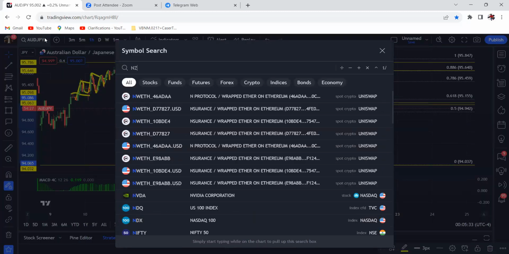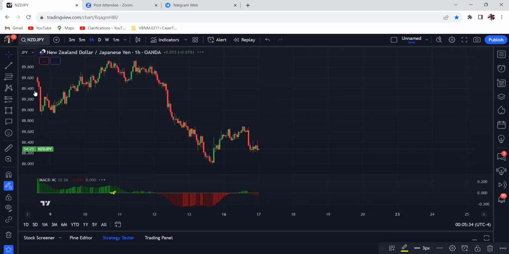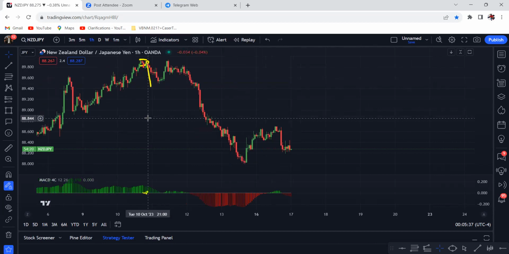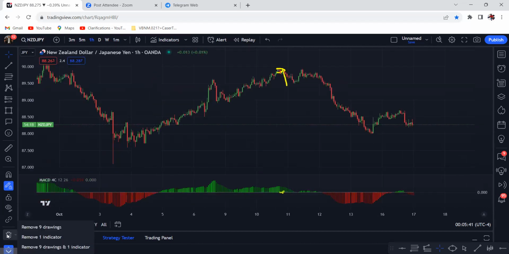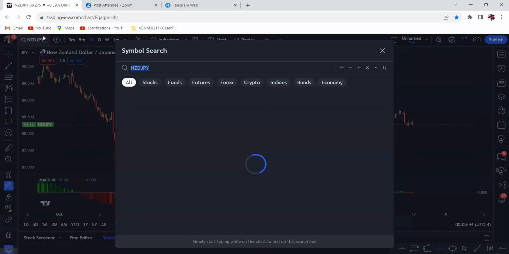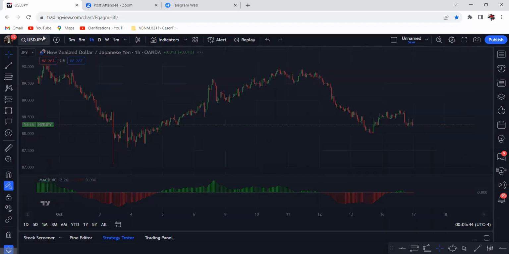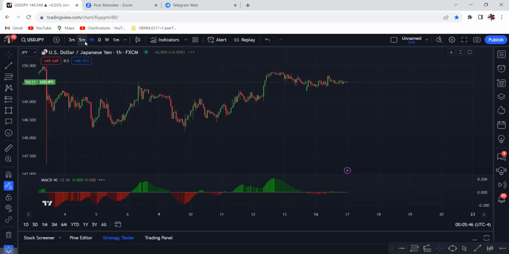Same thing for, let's say, New Zealand JPY. Actually, New Zealand JPY already took off. Or matter of fact, let's do USD JPY. A lot of people waiting for that.